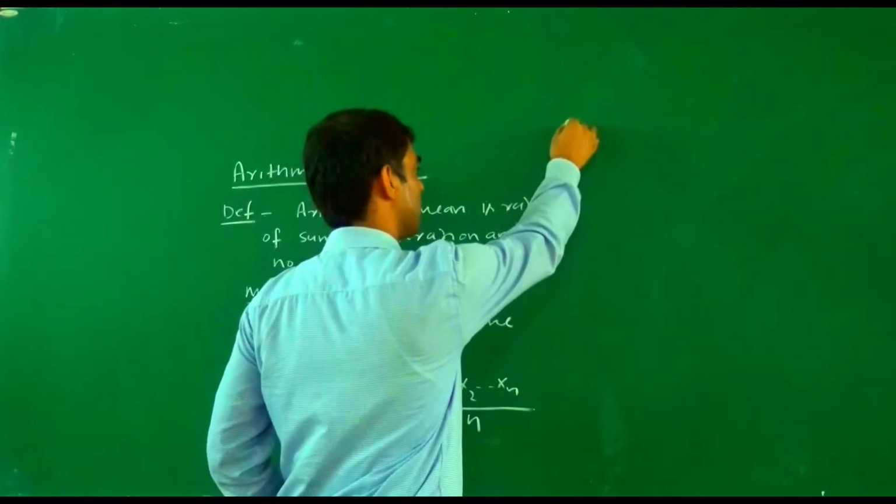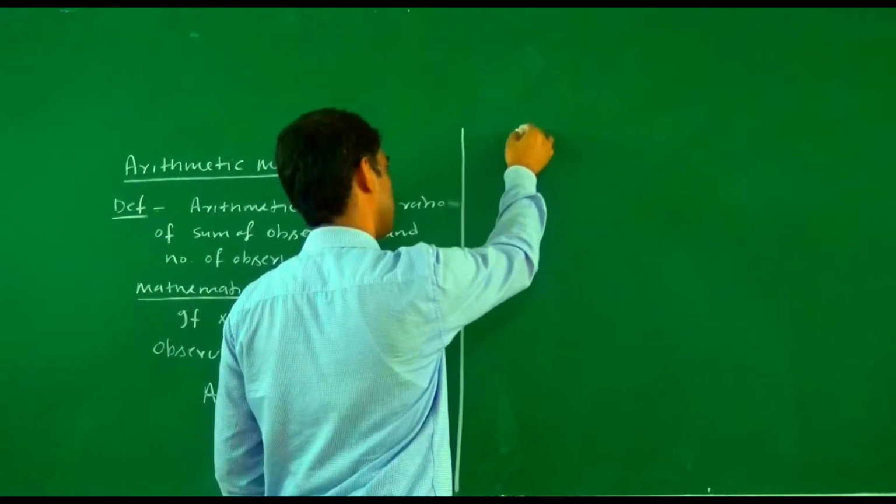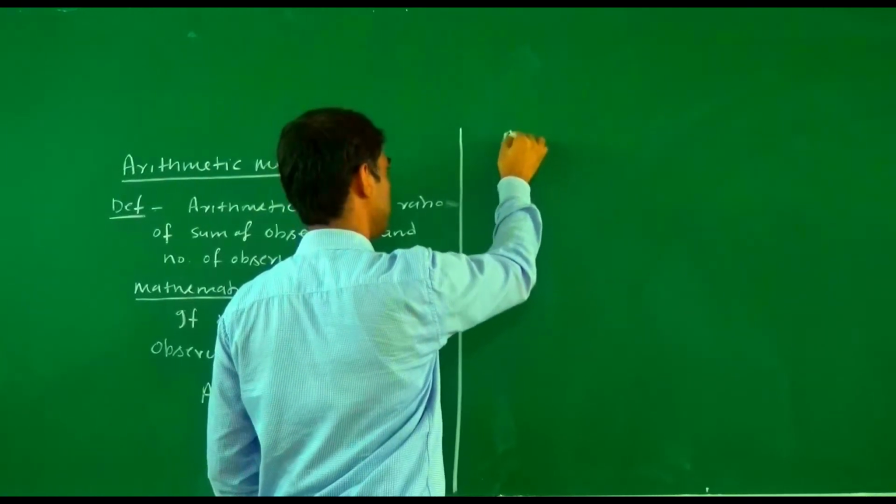So if data is given in the form of a frequency distribution, with xi and fi, then what is the arithmetic mean?